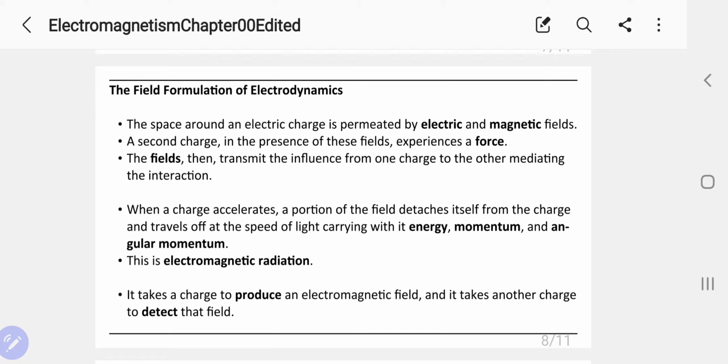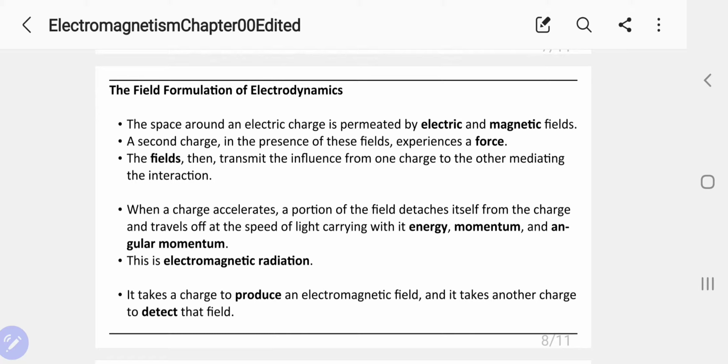Now here's the thing. When a charge accelerates, a portion of its field detaches itself from the charge and travels off at the speed of light, carrying with it energy, momentum, and angular momentum. And this is called electromagnetic radiation.